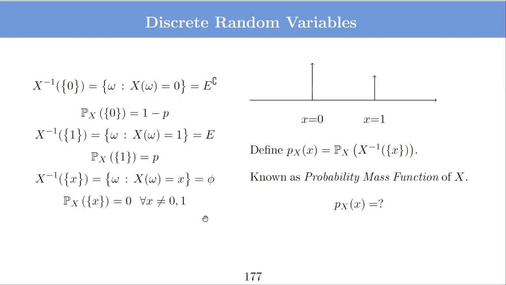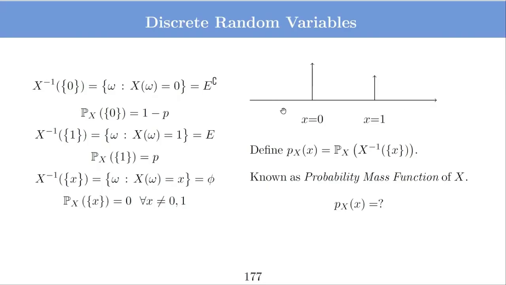Okay, so if you plot this singleton set probability function, which is a function of x and denotes the probability of the singleton set containing only x, you will find that at 0 it is 1 minus p, at 1 it is p, and for the rest of the values it is 0.